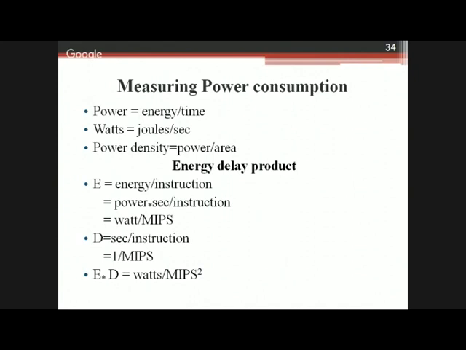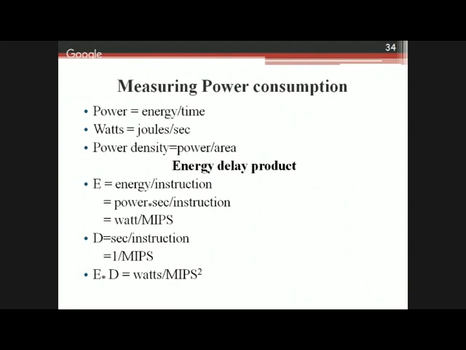The energy is given as energy per instruction. So if I increase my supply voltage, VDD, that is going to increase my energy consumption, but on the other hand it is going to decrease my delay. And if I reduce my supply voltage, VDD, the energy consumption is going to reduce, but my delay is going to increase.